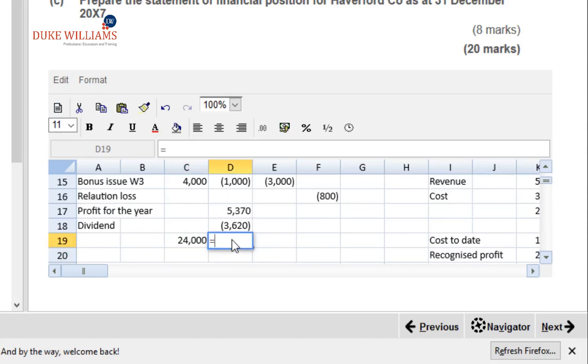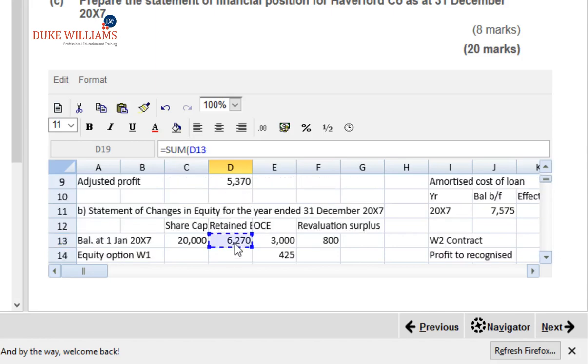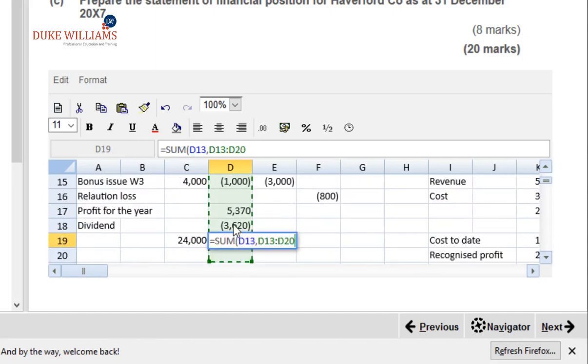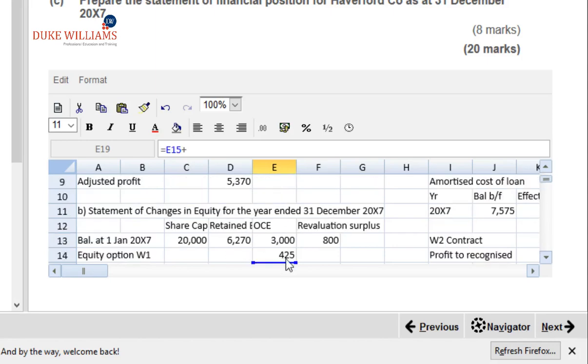Then this, let's do a sum. So sum bracket, then we go up, we press Control to pull it down, and we enter. This is equal to this plus this, where we place the equity option.